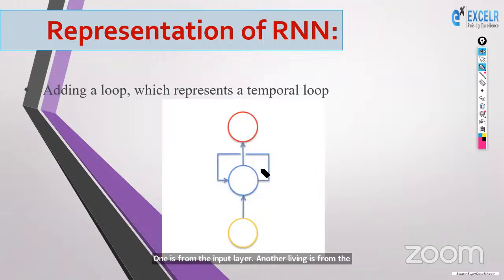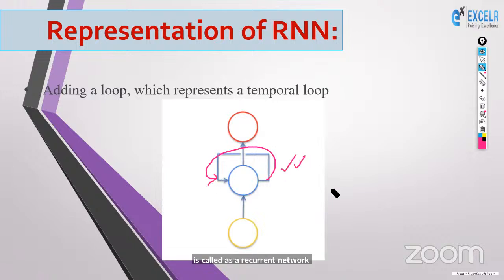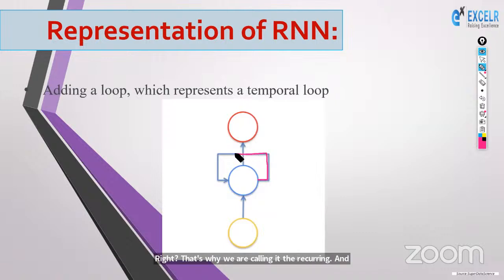This feedback connection is called a recurrent network, right? That's why we call it recurrent. And since we are storing the output of the hidden layer in this network, it will memorize the output of the hidden layer.